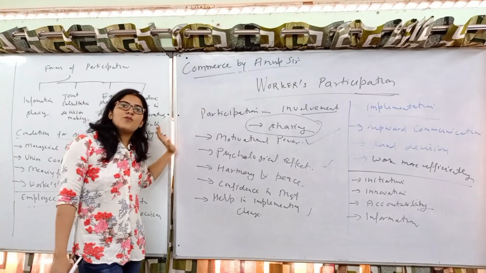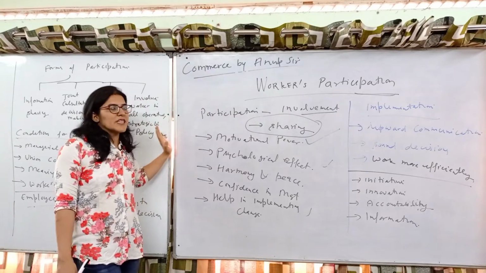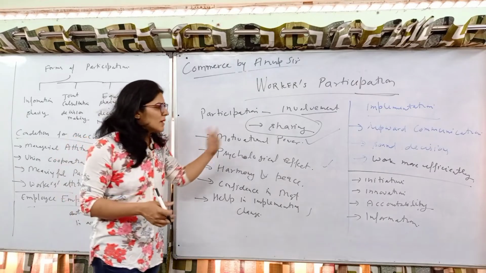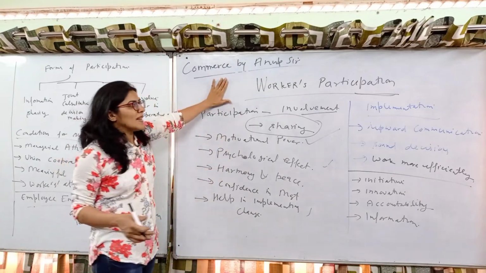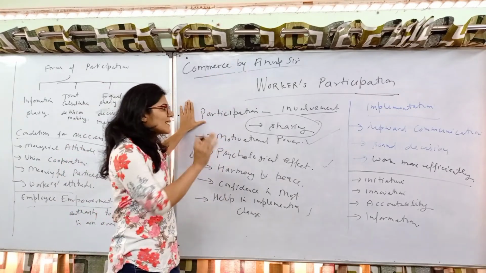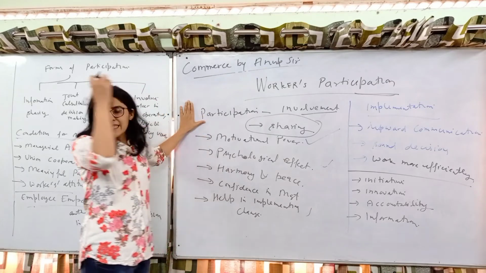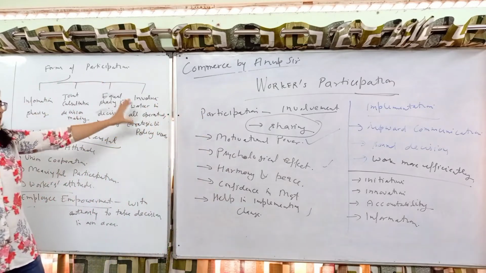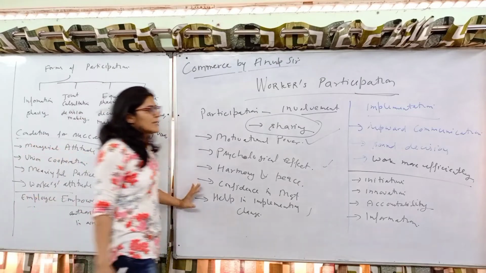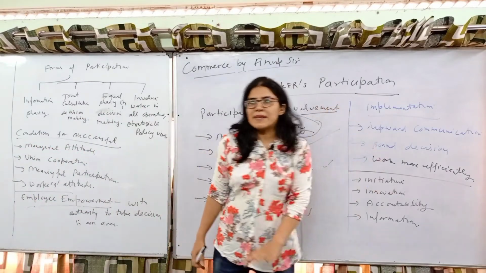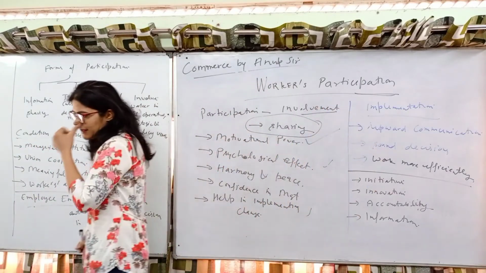And there are different forms of workers participation in management that we will discuss one by one. So first is workers participation, means involvement of workers in various decision making techniques. What are the objectives, how we can implement this, what are the implications of this.